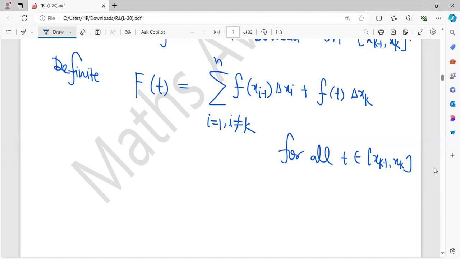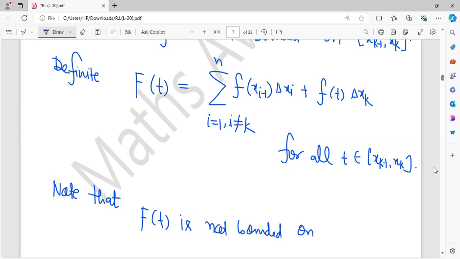So note that f(t) is not bounded on [xk-1, xk].